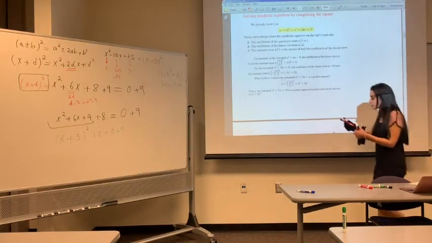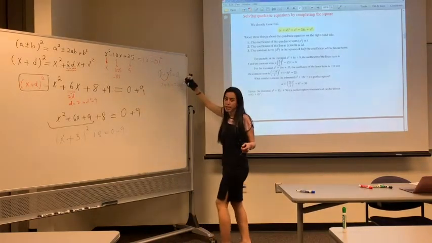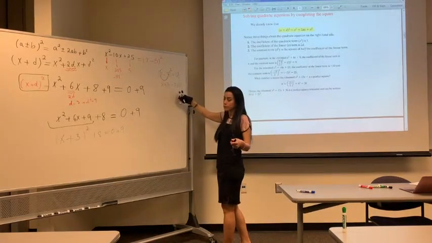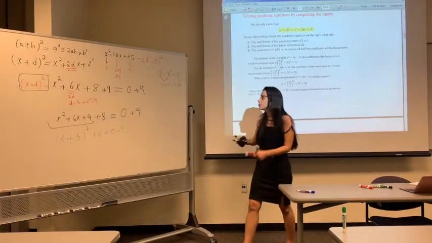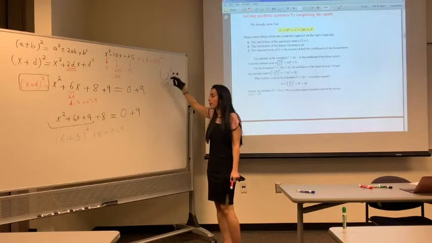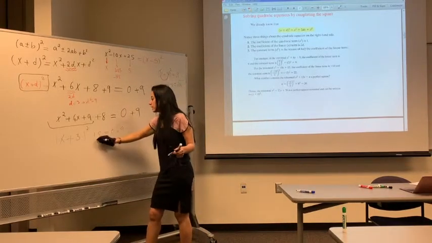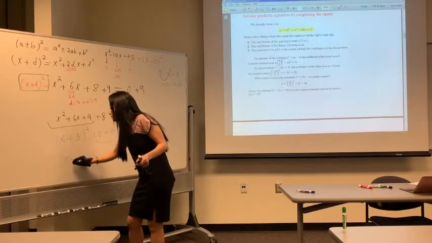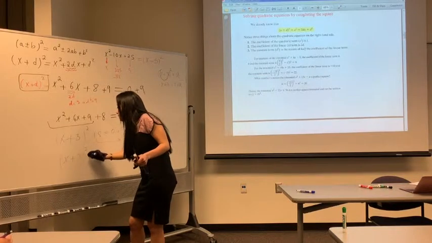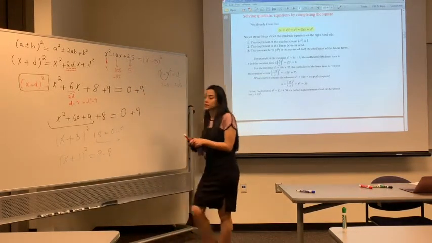I said, let's say this one is u, u squared is a, so u is equal to positive or negative radical a, right? So in order to have this form, we should bring all the constants to the other side. So the next step, we are going to bring 8 to the other side. So we have 9 minus 8.